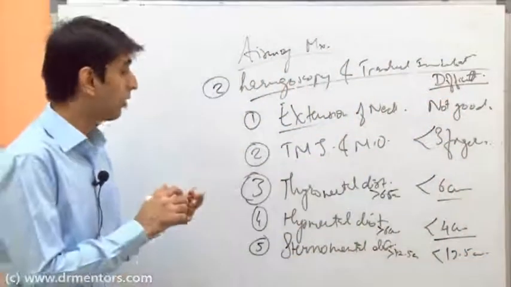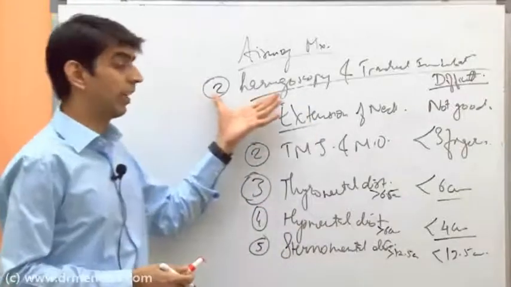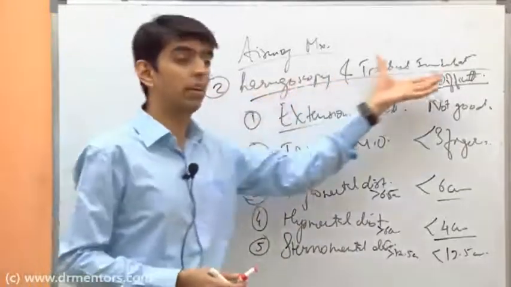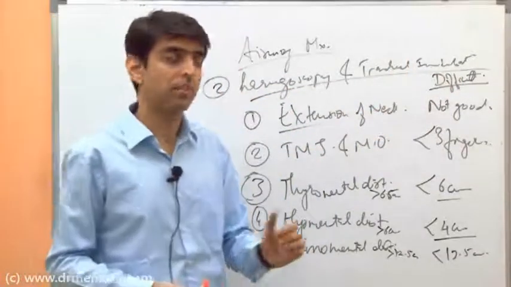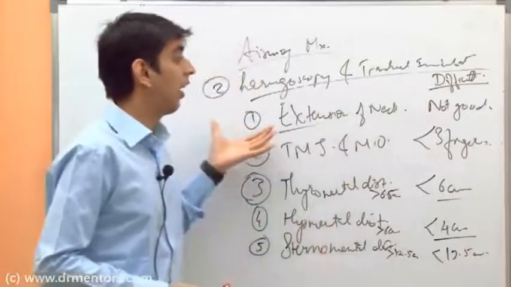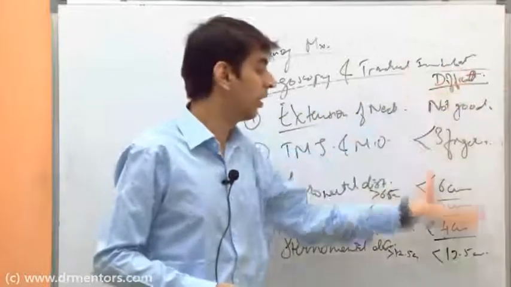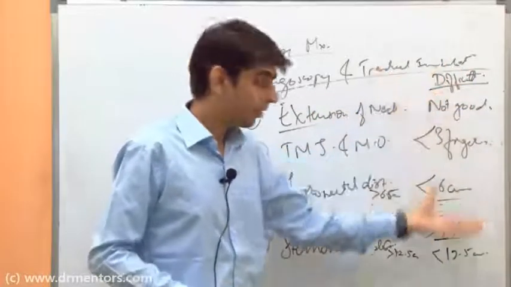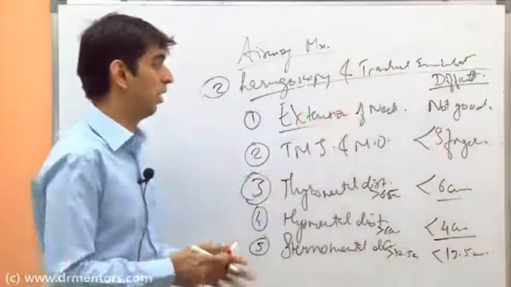So what happens when you assess the airway for the second pillar, laryngoscopy and tracheal intubation, after you have mask ventilated the patient, when it comes to actual instrumentation and handling of the airway? These are the various predictors which will give you an idea about the difficulty that you may encounter in laryngoscopy and tracheal intubation.